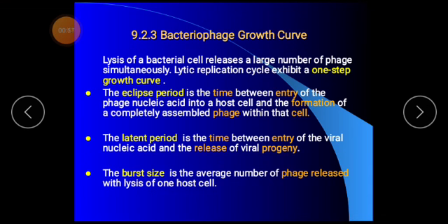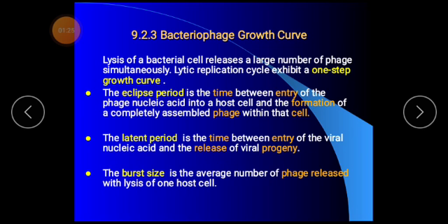The rise of bacterial cells releases a large number of phages simultaneously, and the replication cycle exhibits a one-step growth curve.